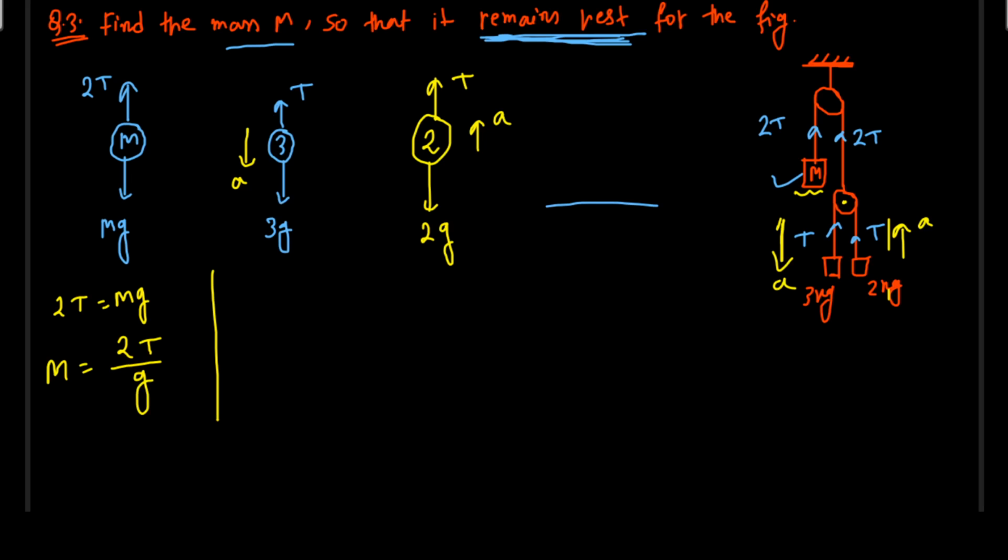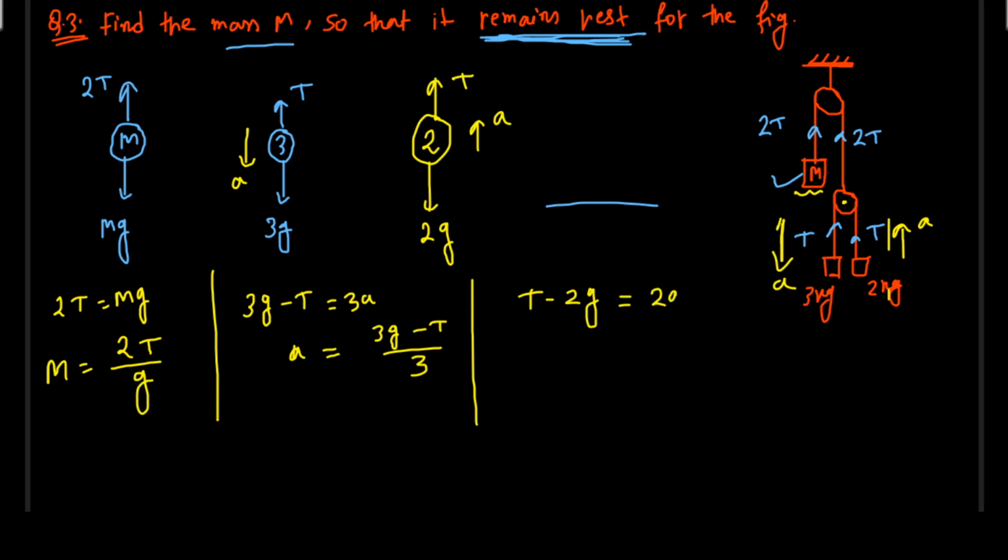For this mass, you can write down the equation 3g minus T is equal to 3a. So a will be (3g minus T) by 3. And from here we can write T minus 2g is equal to 2a, so a will be (T minus 2g) by 2.